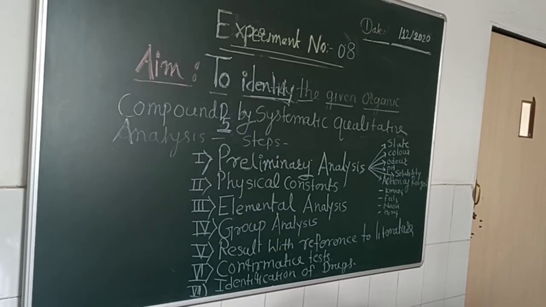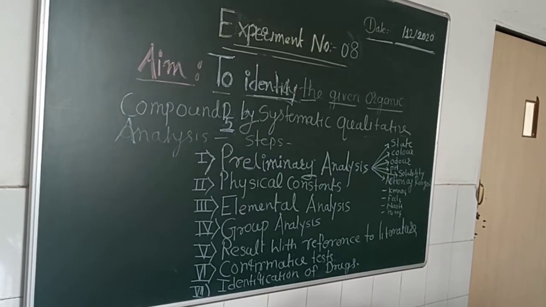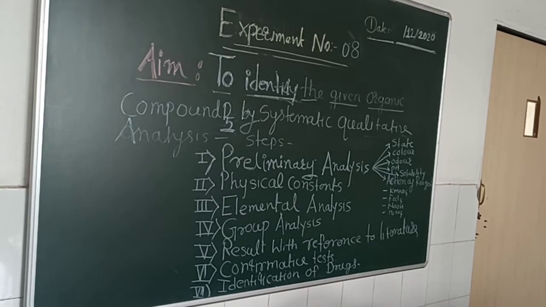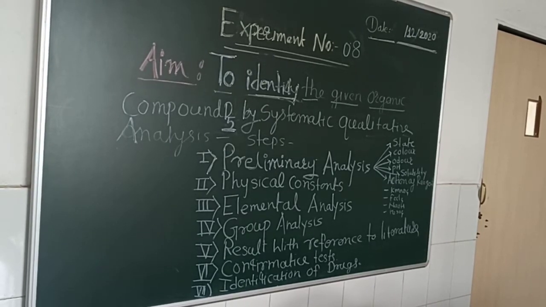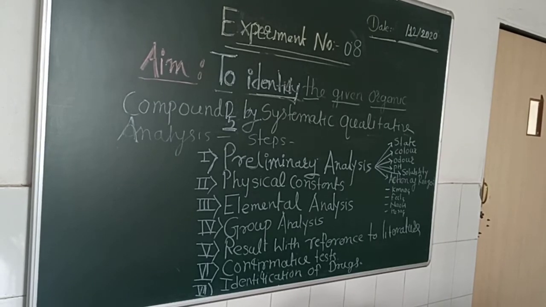Today we are going to perform the next experiment, that is experiment number 8, to identify the given organic compound, that is sample number 5, D5, by systematic qualitative analysis.